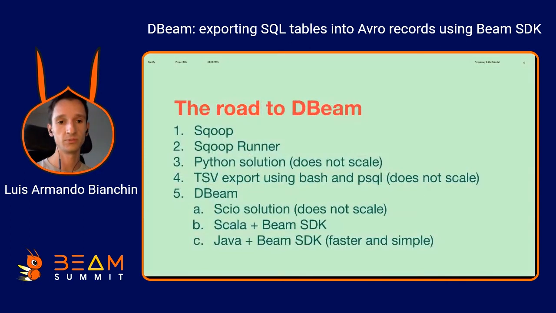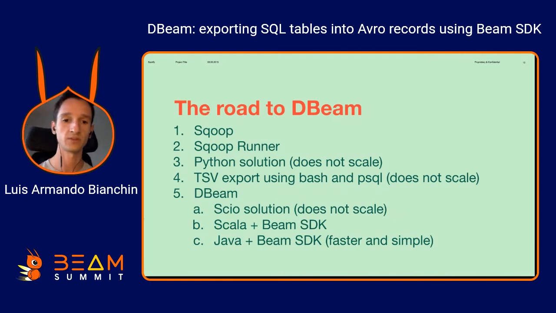And our road to DBeam, as I said, we used to have Apache Sqoop, which is built on top of Hadoop to run as a Hadoop job to export from SQL database. Then we built some scripts on top of Sqoop to run on Styx, but this was still using our legacy Hadoop cluster that had to be shut down.